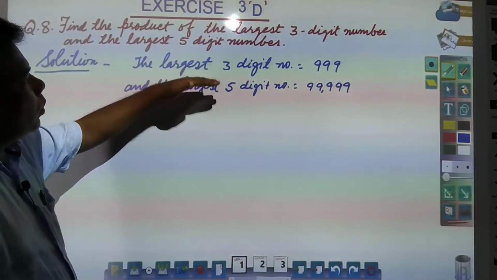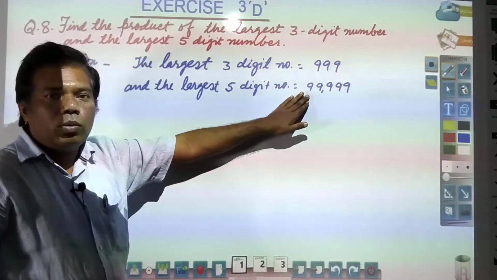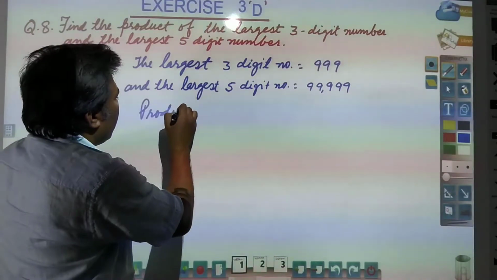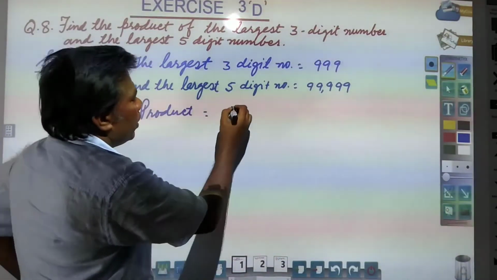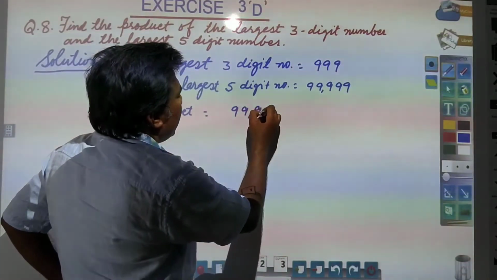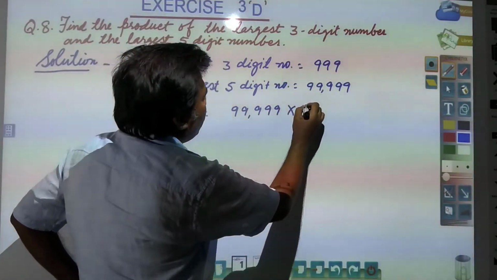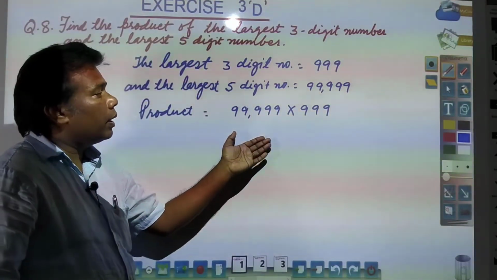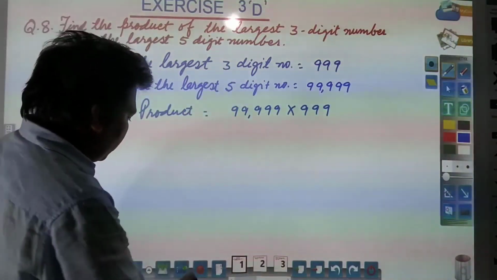So we need to get the product of these two. So the product will be 99,999 into 999.